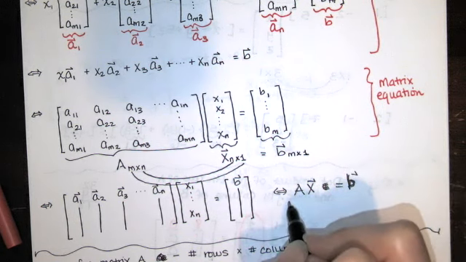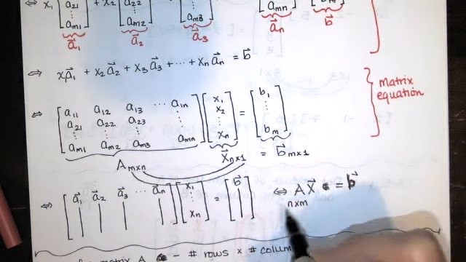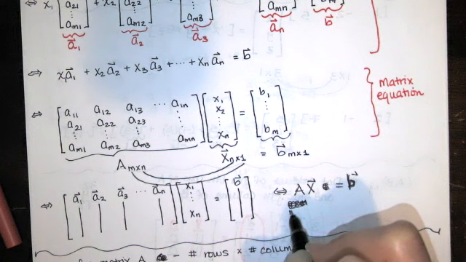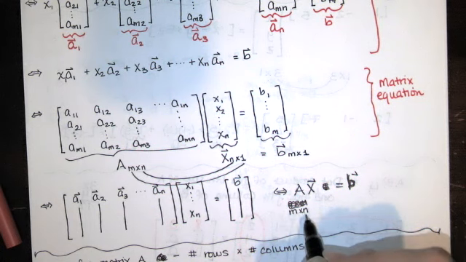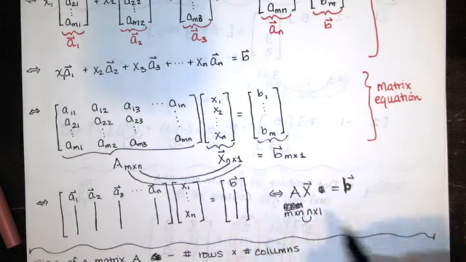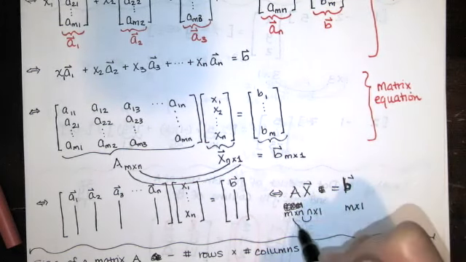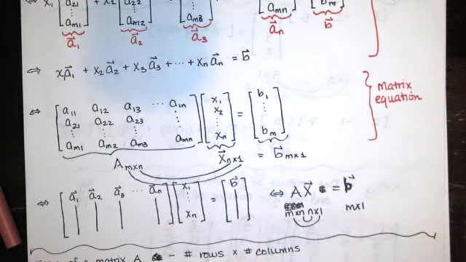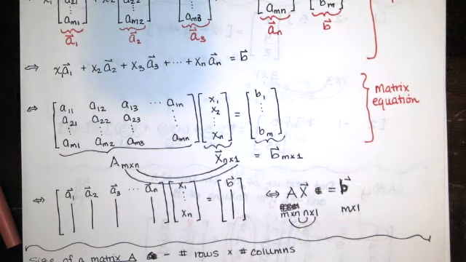So this might be an M by N matrix. We've got M equations and N unknowns, so that's M rows and N columns. This is an N by 1 matrix with the same number of rows there. The result is an M by 1 matrix, or a column vector with M entries. So we're going to talk more about solutions of this in the next video.